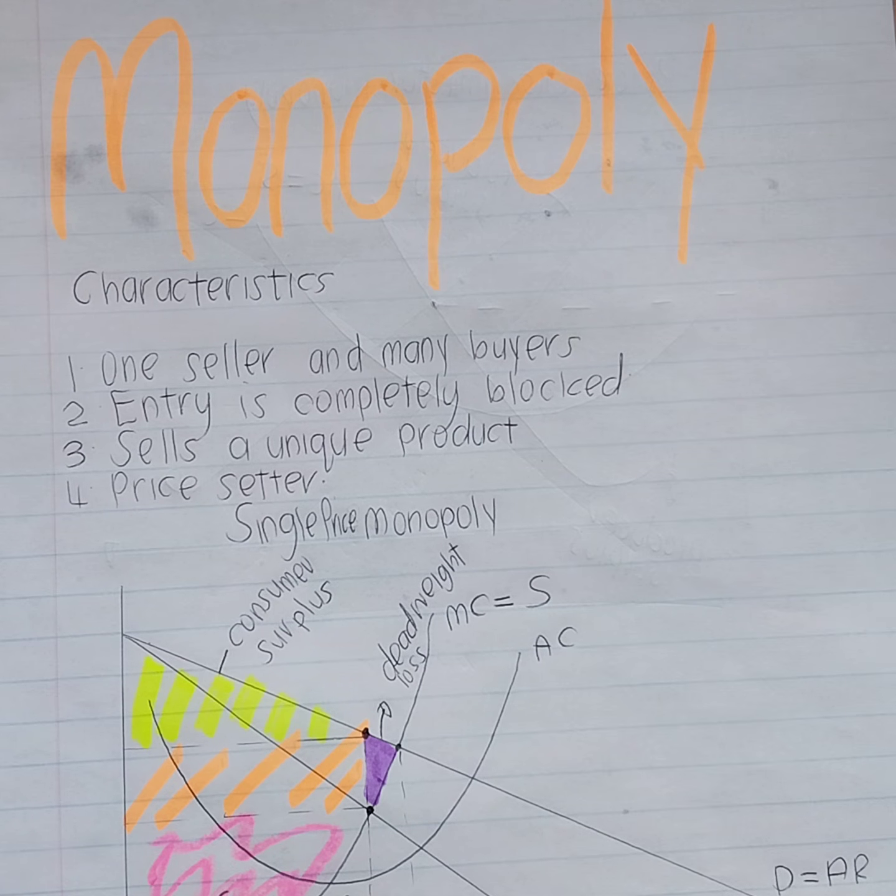So when the market is blocked by legal barriers, the monopoly that is formed is called artificial, right? An artificial monopoly is formed when the entry is blocked by legal things. And when it's blocked by economic things such as economies of scale, it is called a natural monopoly, right?